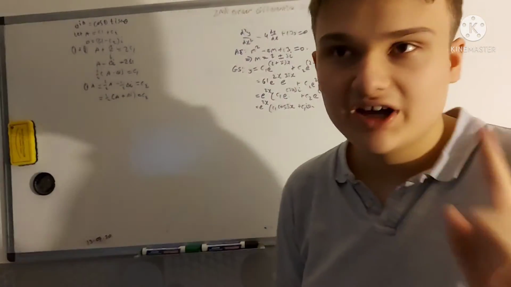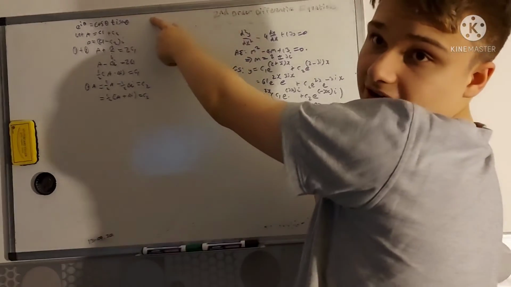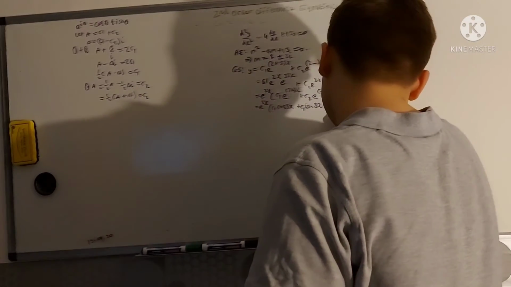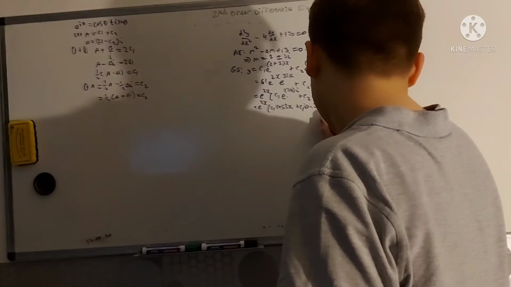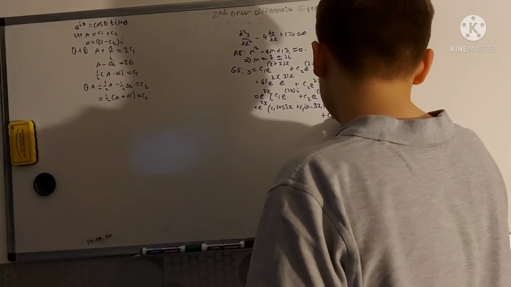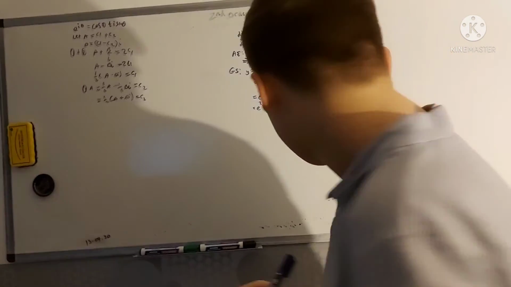The reason the i goes there is because of that formula I've just given you at the top of the page. So we're coming from that, plus c2 cosine of the minus bit, plus c2 i sine of minus 3x.